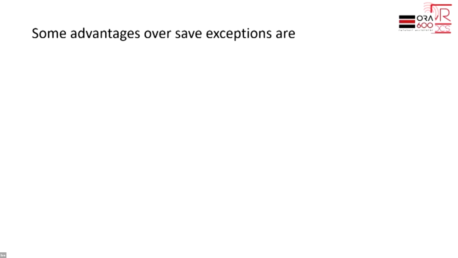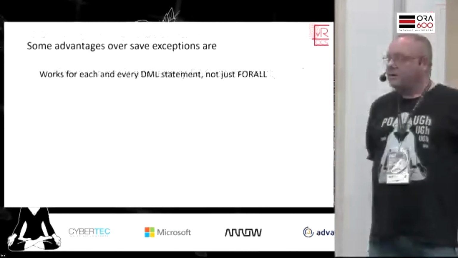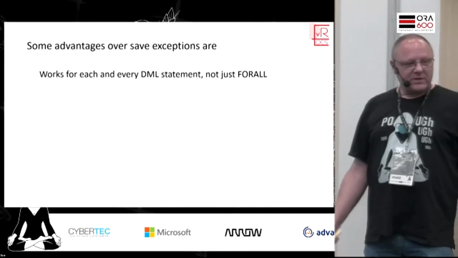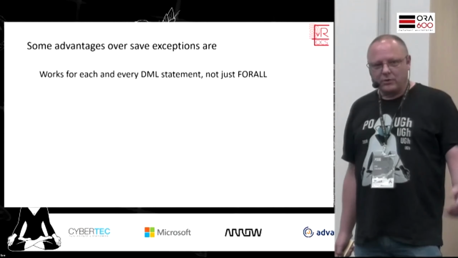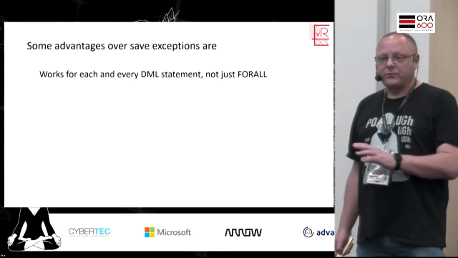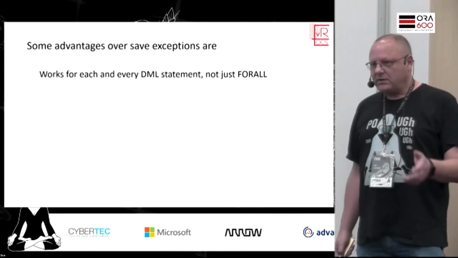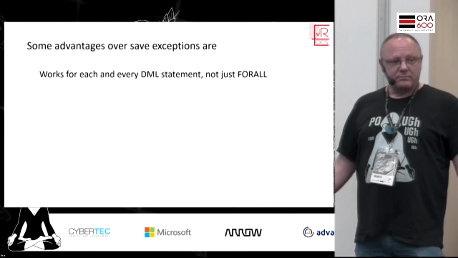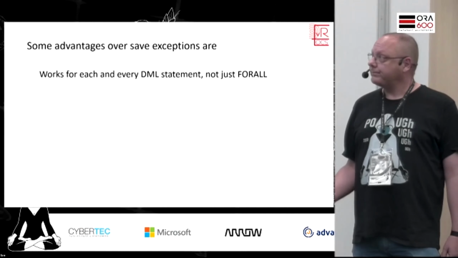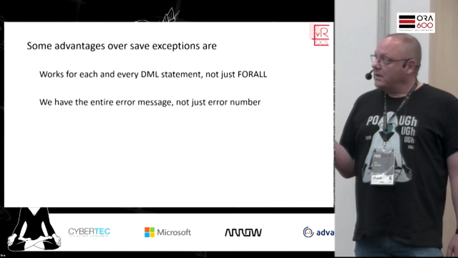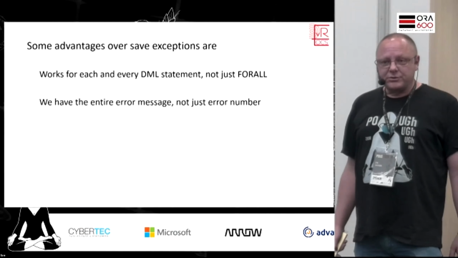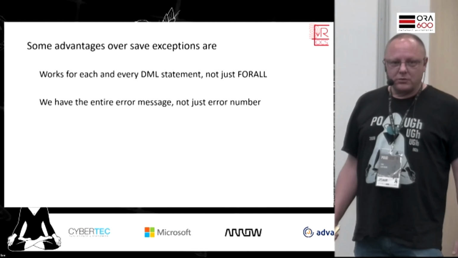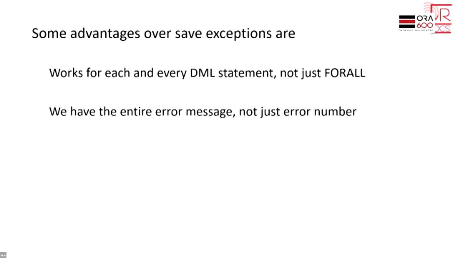Advantages compared to save exceptions. Well, it works for everything. As soon as you have a DML statement, you can put this in there. Any DML statement that you have, you can add this and you have error logging. You have the entire message, not just the error code, so you don't lose information in your error messages.